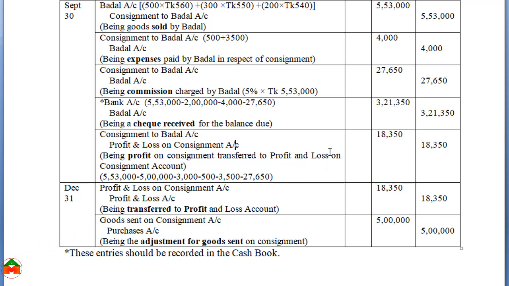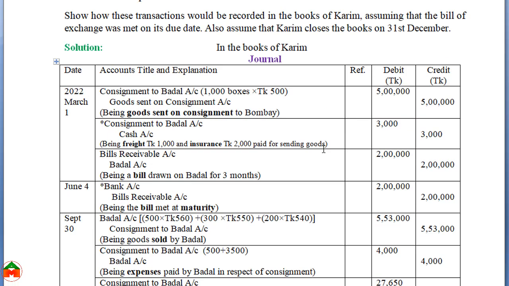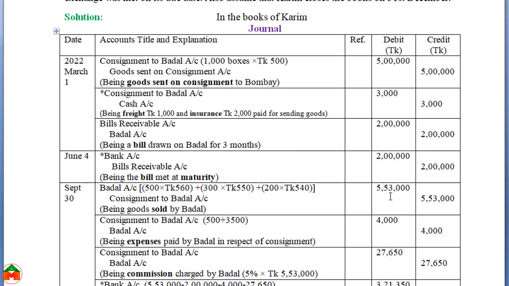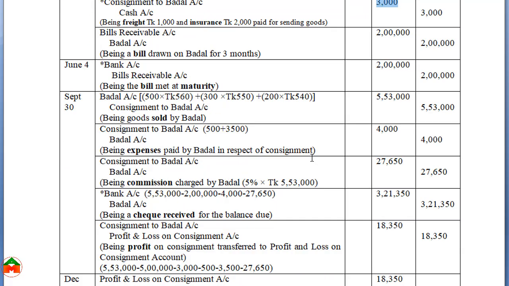So what is the amount of profit? You can see initially the cost price is 5 lakh, okay, but the selling price is 5,53,000. So this is the cost price of goods sent and this is the selling price. From this selling price we will deduct the cost price as well as the expenses done by the consignor as well as the expenses receivable by the consignee.